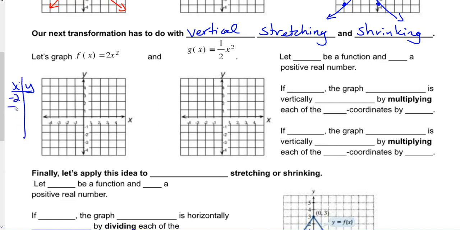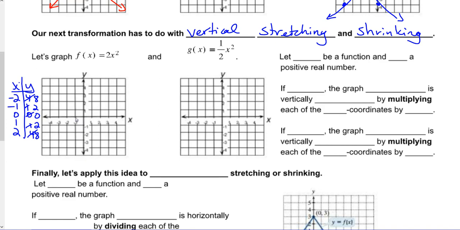If I do the original parabola, (-2)² is 4, (-1)² is 1, 0, 1, and 4, okay? That's x², and what I'm doing is really just timesing that by 2. So it should make sense that if I times all of these by 2, then I get my new graph, okay? That's why working with those charts is very important.